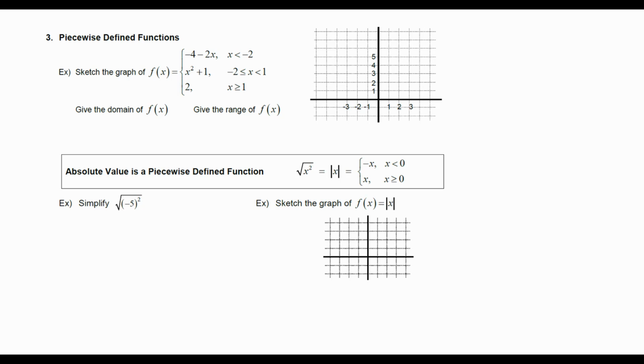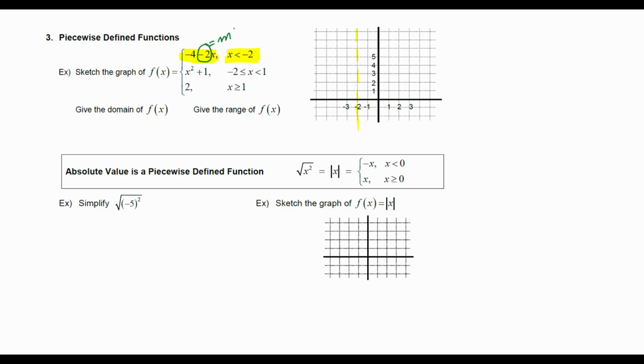So let's graph that. First, for all x less than negative 2, my function is a line, and it is y equals negative 2x minus 4. So the slope is negative 2 and the y-intercept is (0, negative 4).